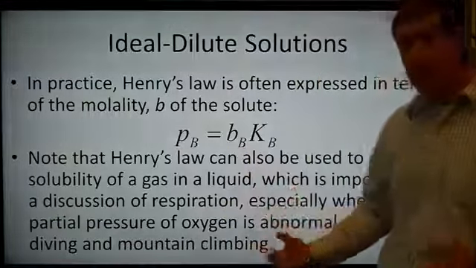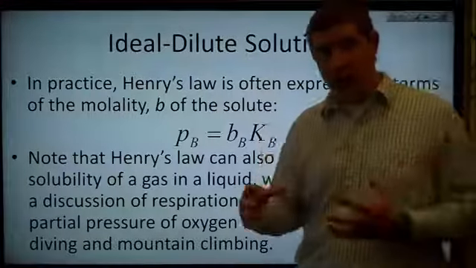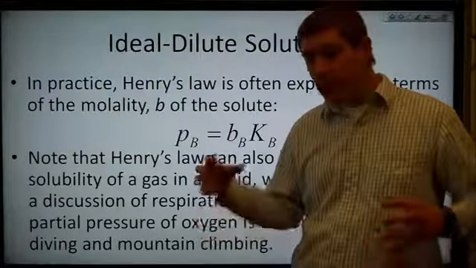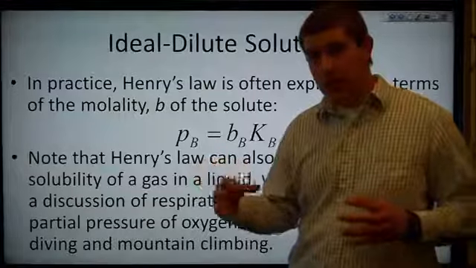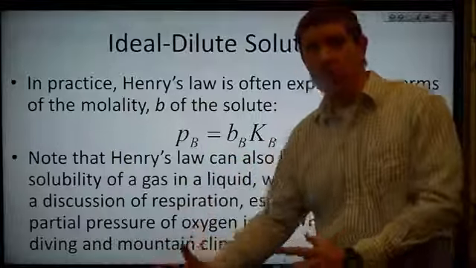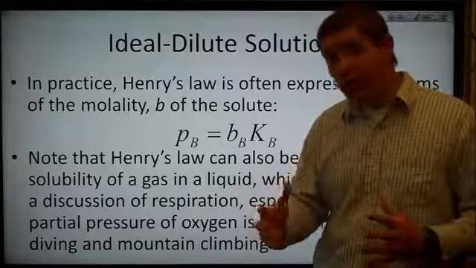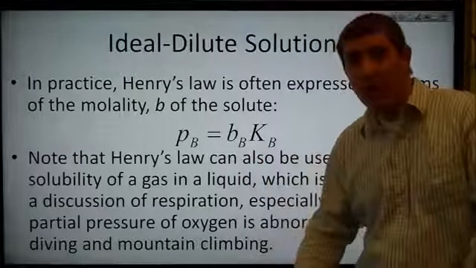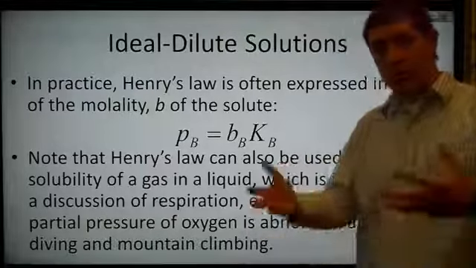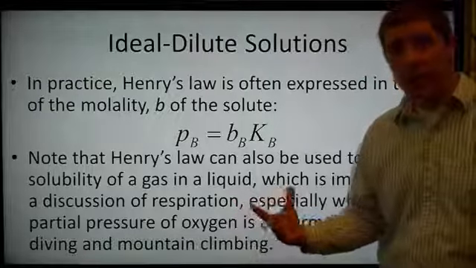If you go scuba diving, you very quickly build up pressure on your body, which means the air inside your lungs is at significantly higher pressure. Now the partial pressure of something like nitrogen is much, much higher, so much more nitrogen gets dissolved in your blood, which is fine as long as you stay at that pressure. But if you very quickly come up from 66 feet down and go from 3 atmospheres to 1 atmosphere, you're going to drastically change the solubility of nitrogen in your blood.